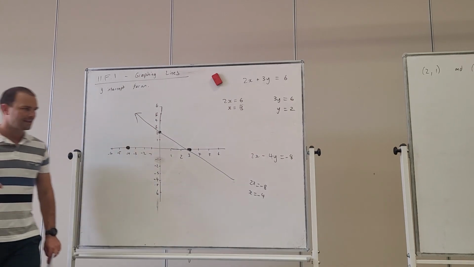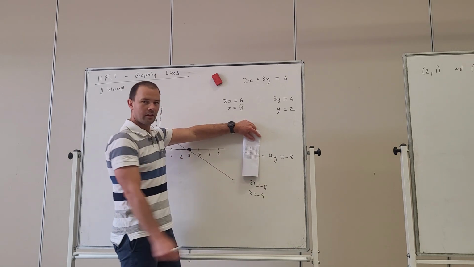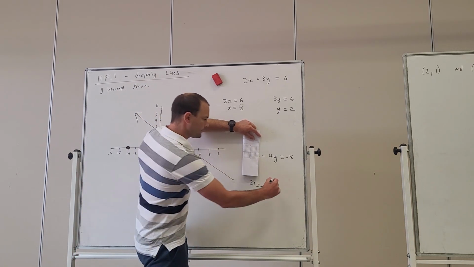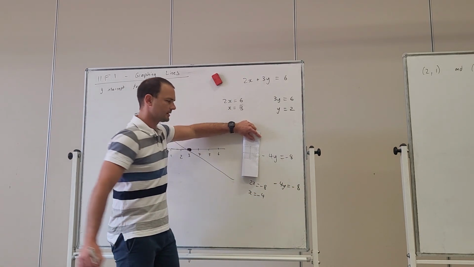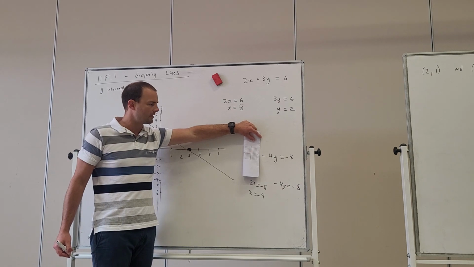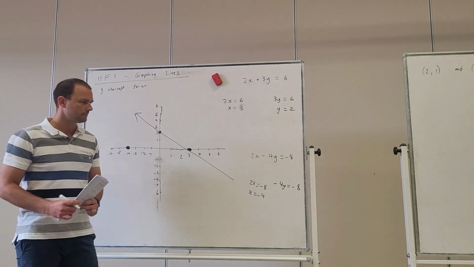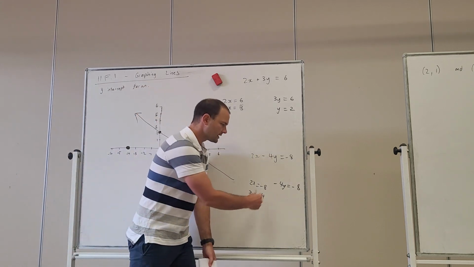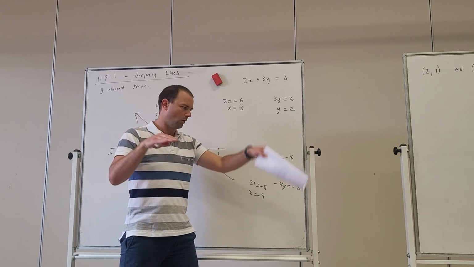Alright, the y-intercept. Y-intercept occurs when x is 0. Now notice, with this one, I've got minus 4y equals minus 8. So we have to include the negative. When x is 0, minus 4y equals minus 8. And now to get y by itself, we're going to divide both sides by minus 4.